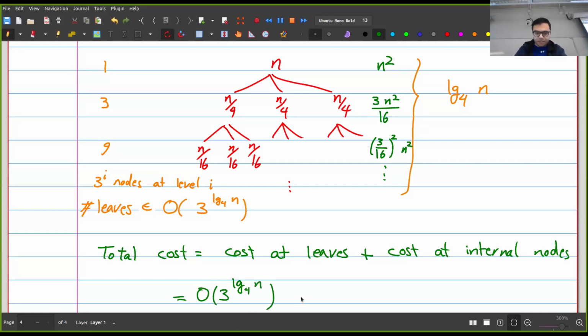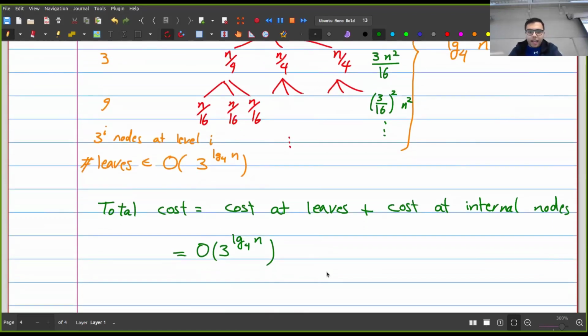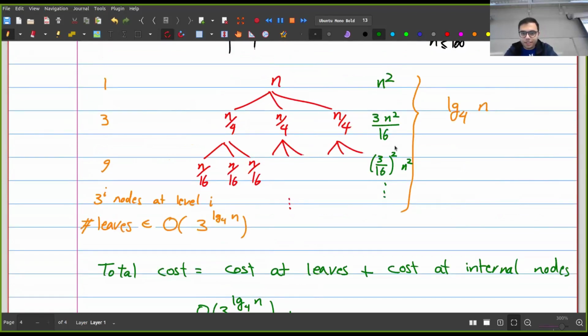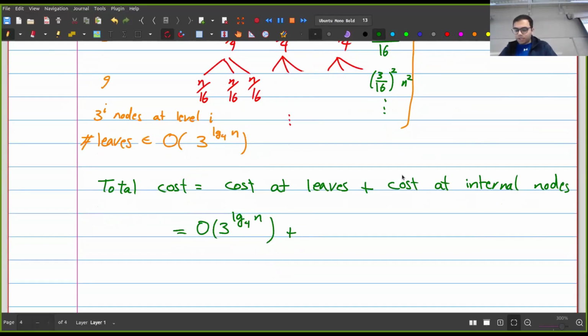Okay. And what is the cost at internal nodes? Well, it's just the sum of this series, right? So 3/16 plus (3/16) squared and so on times n squared. So it's 1.23 blah, blah. I don't care about the rest of it. It's this constant times n squared, right? So it's O of n squared.